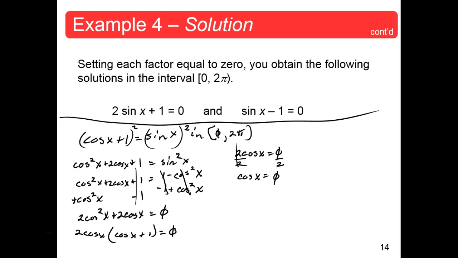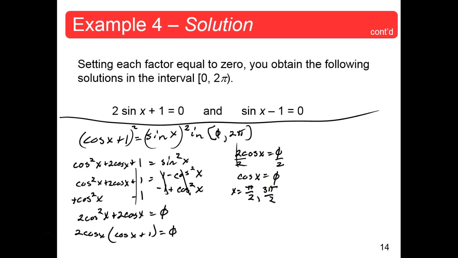What's another half between 1 and 2? There's 1 half and 2 halves, but that's 1. 1 half and 1 and a half, right? 3 halves. Yes, at 3 halves pi. So here the x could be pi halves or 3 halves pi.